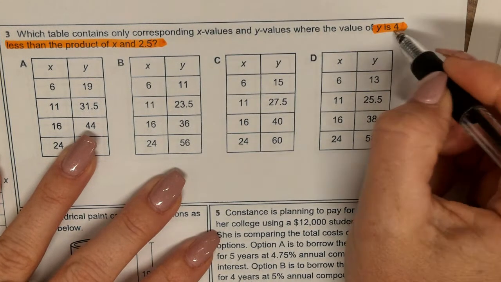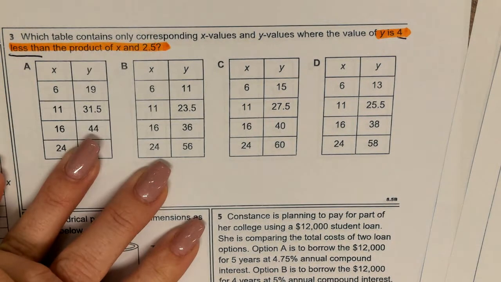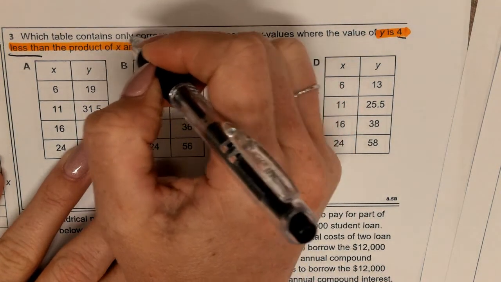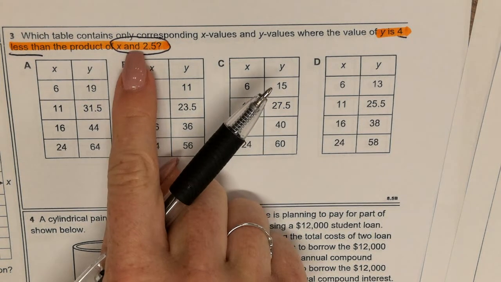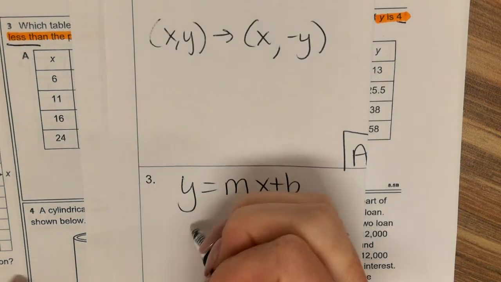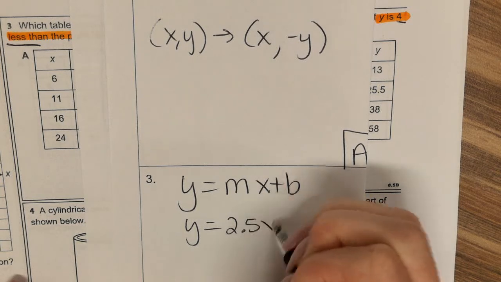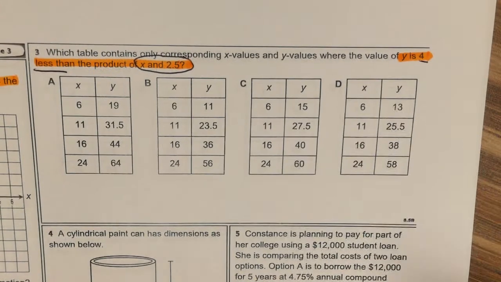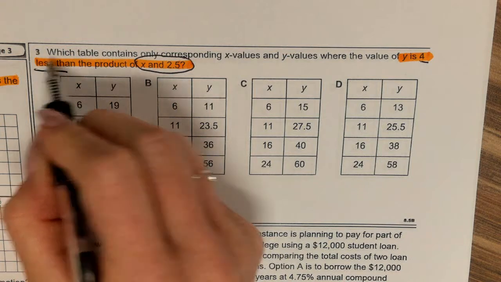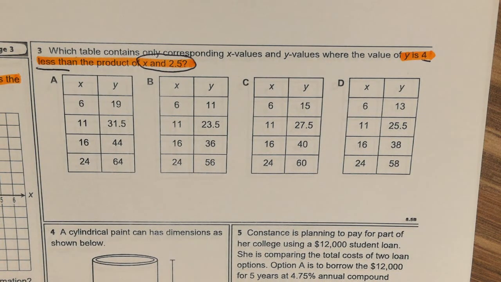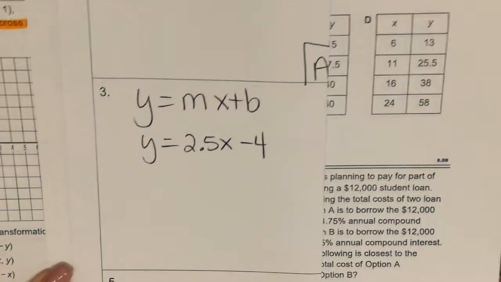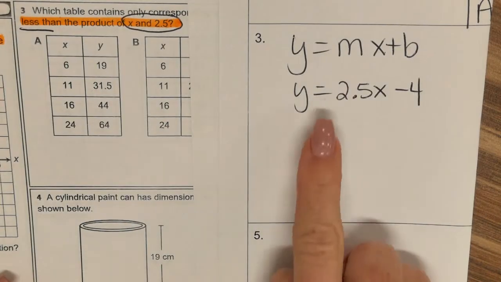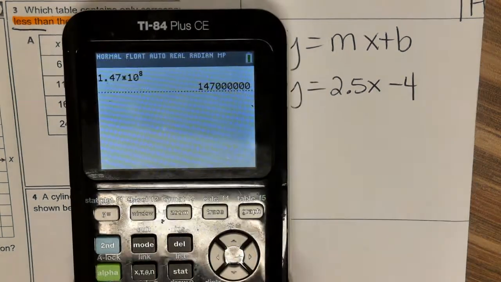They gave you 4 less than, and they gave you the product of 2.5 and x. So which number do you think the x is going to get? The 2.5, because it says right here that they're going to go together. So it's going to be y equals 2.5x, and then based on this word, 4 less than, would it be plus 4 or minus 4? Minus 4. Now that you wrote your equation, you can go to your calculator to y equals and type that in.